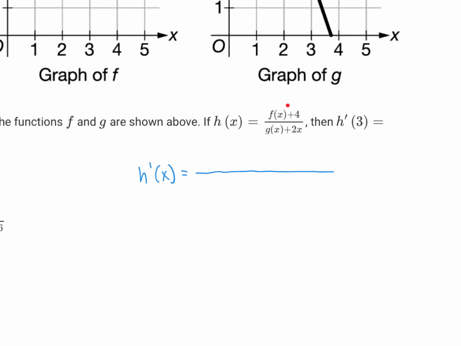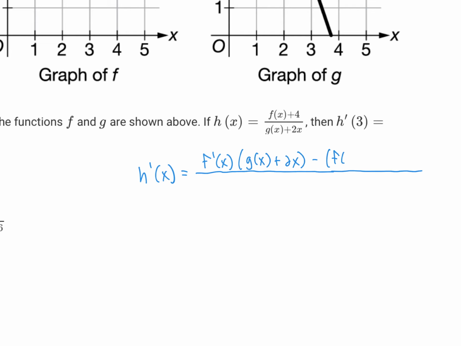Okay, so quotient rule, start off with the derivative of the top. So the derivative of f, we'll just write f prime since we don't know what f is. It's got the graph, but. And then the derivative of 4 is 0. Then we'll multiply it by the bottom. Minus.